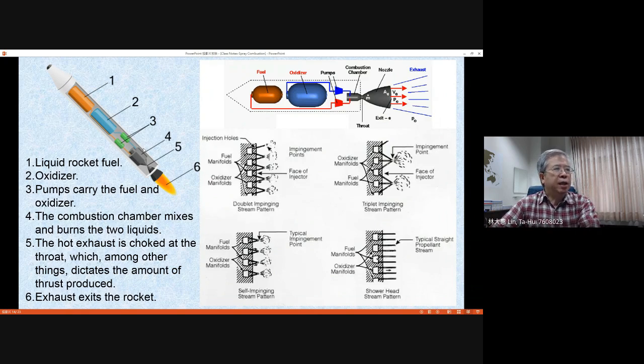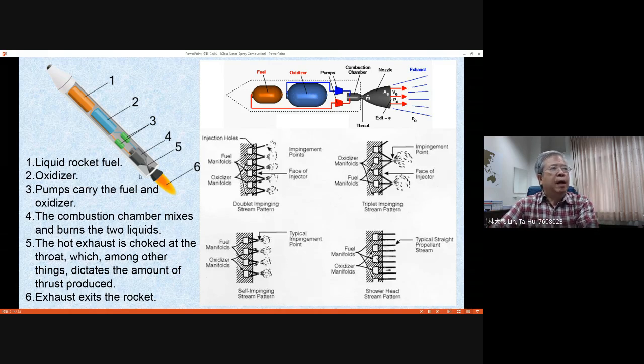They will mix together here and finish the combustion, then later the hot exhaust will be choked at the throat and impinge out to produce the thrust, and that thrust will push your liquid rocket to move forward.